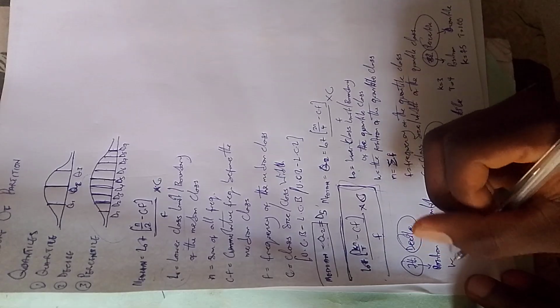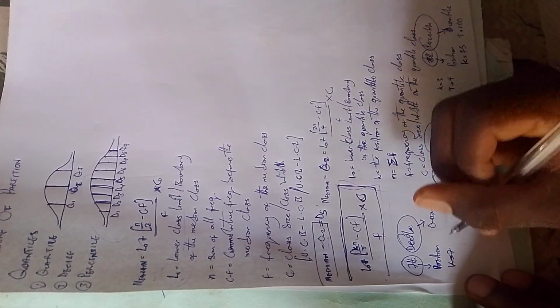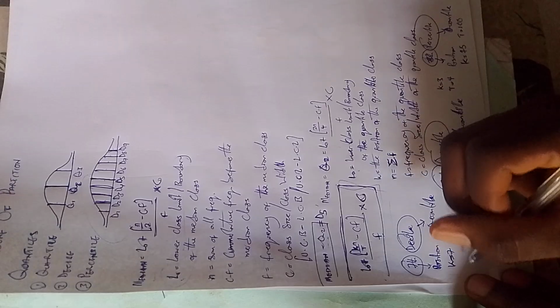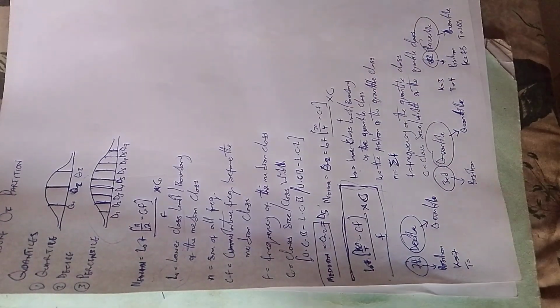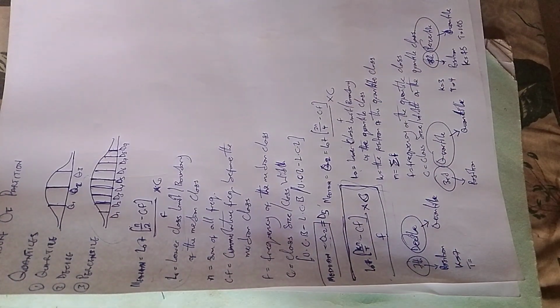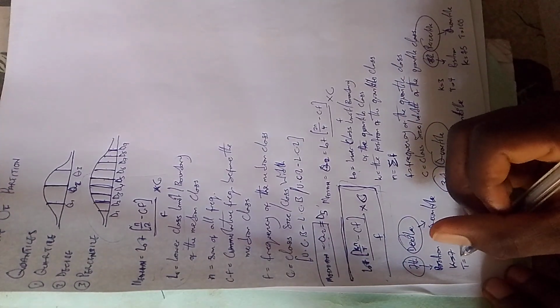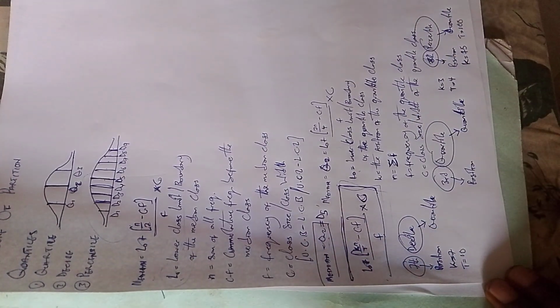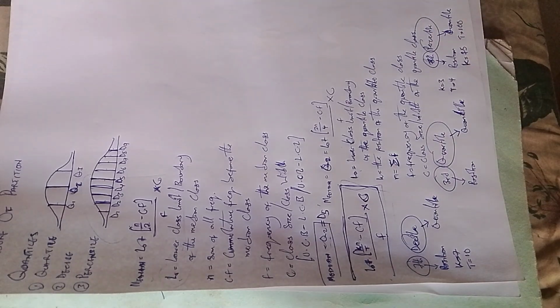So your K in this case will be 7, and your T will be 10, because a decile divides the distribution into 10 parts. So this is just the arc that you have to know.